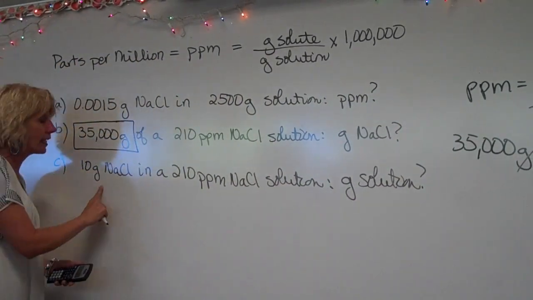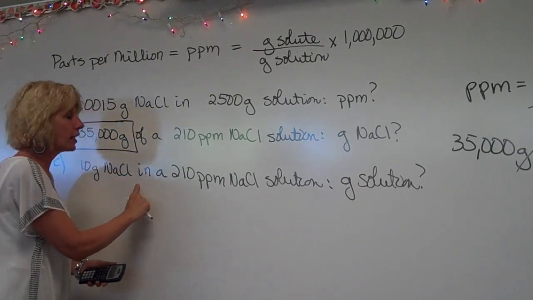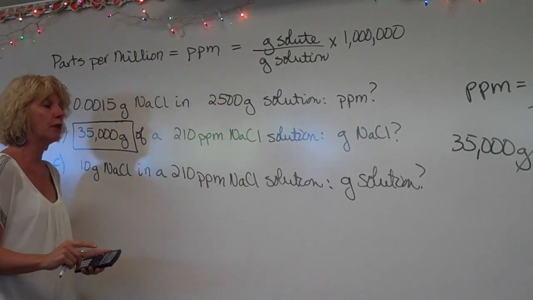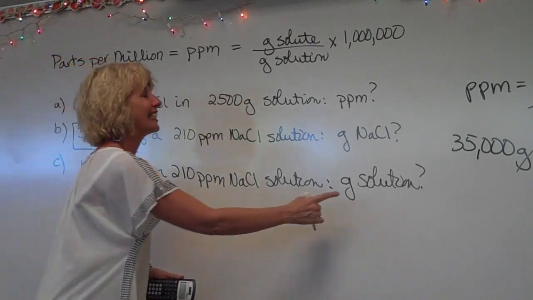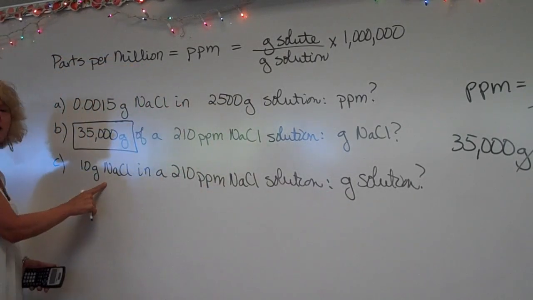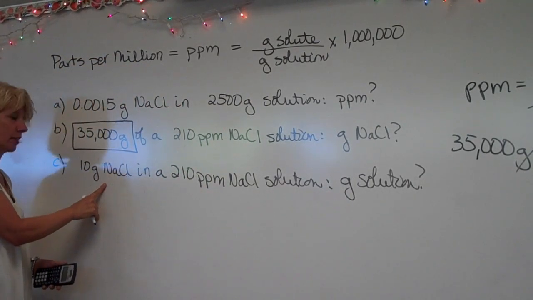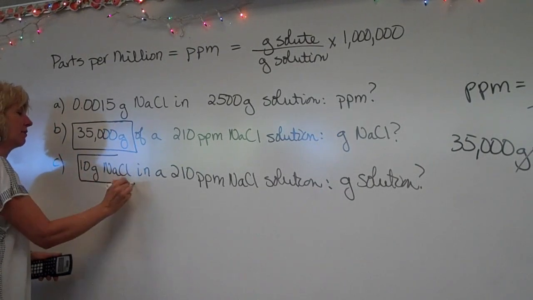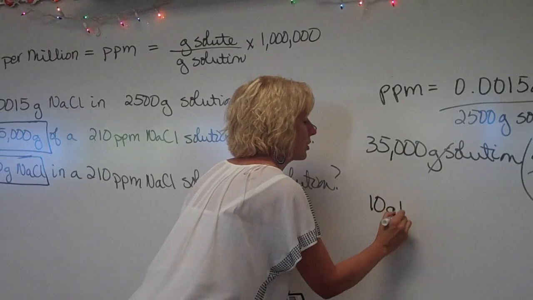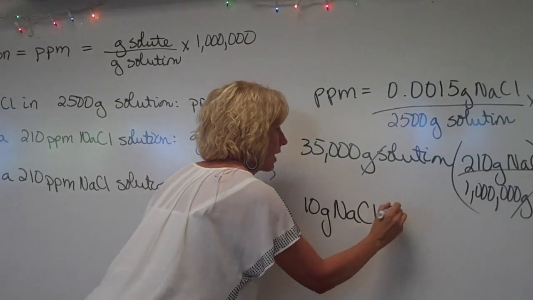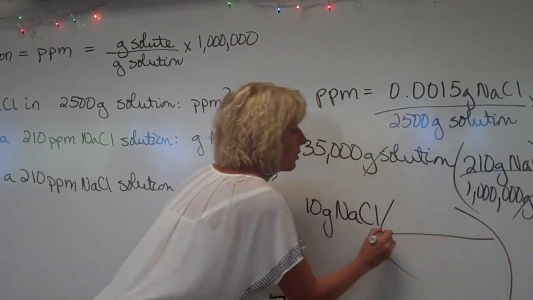If I have 10 grams of salt in a 210 ppm salt solution, how many grams of solution are needed to contain the 10 grams of salt? Here's my given. I have 10 grams of salt, and salt's going to have to go on the bottom, isn't it?